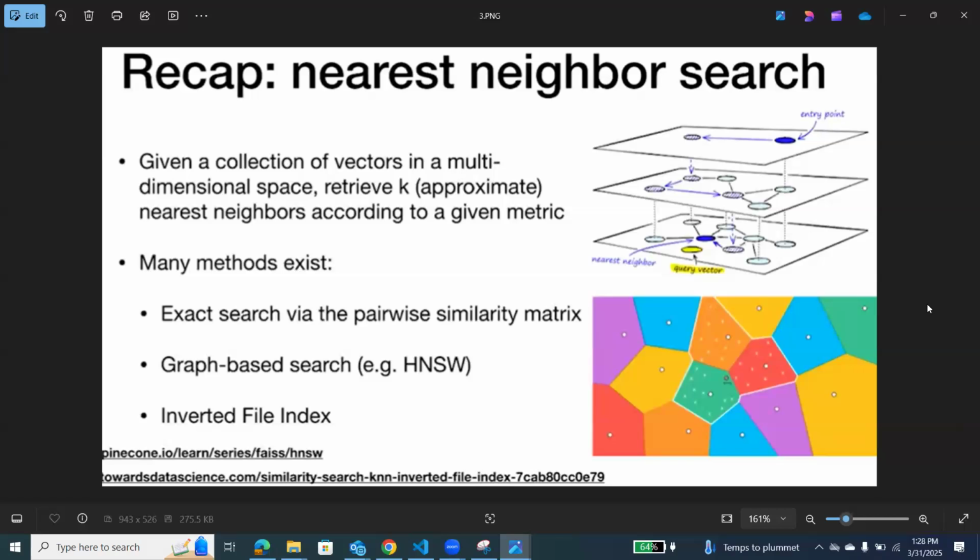So the other algorithm, which can also be used to optimize this k-nearest neighbor search, is called the inverted file index algorithm. First, they split the vectors into clusters, and then they create an embedding for the centroid of each cluster.